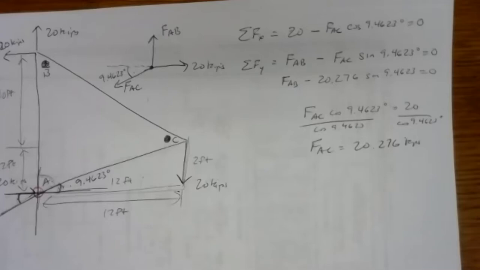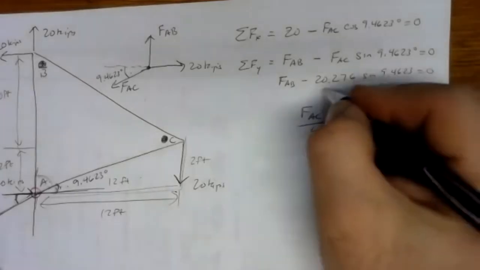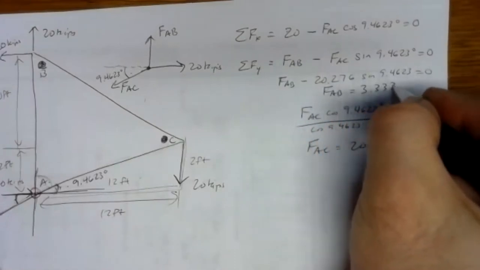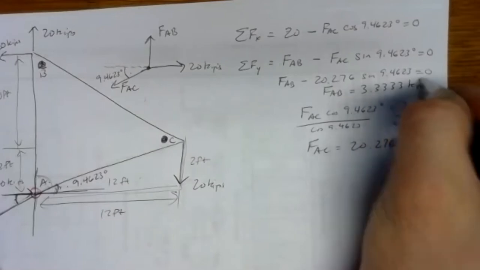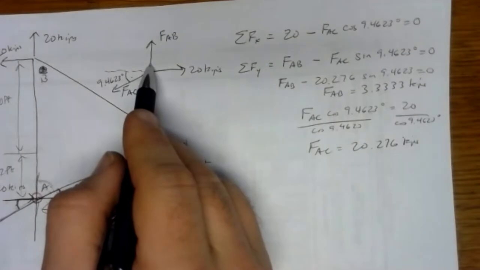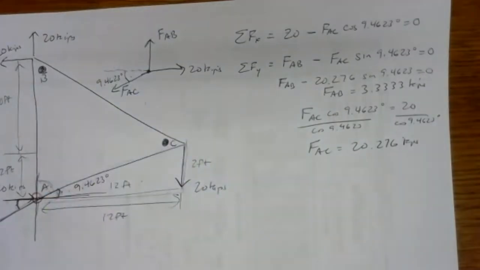And that gives me 3.3333. So FAB is 3.3333 kips. Also positive, so we know that it really does pull joint A up.